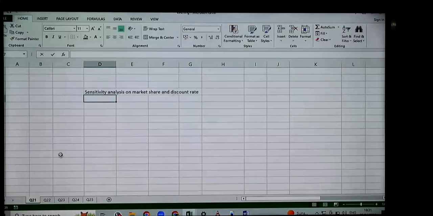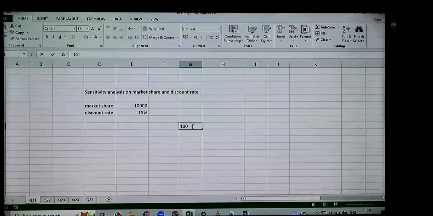Our market share was 10,000 and our discount rate was 15%. Sensitivity analysis is just analyzing the values around the current price. So if our current market share is 10,000, we look at 1,000 less and 1,000 more. And for the rates, we look at 1% more and 1% less. So that's what I was doing.